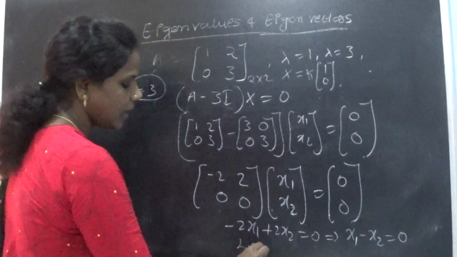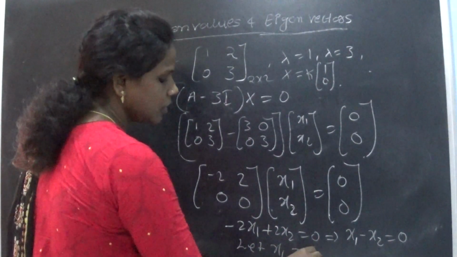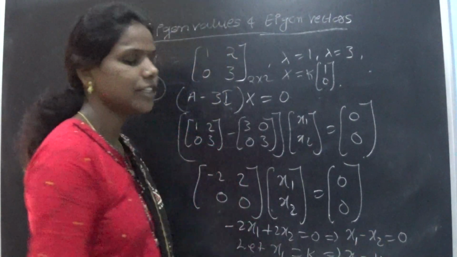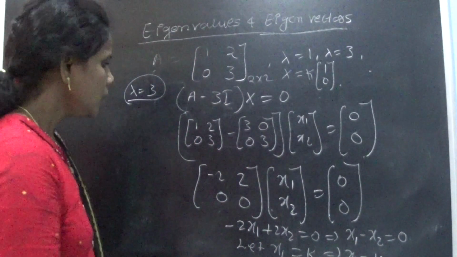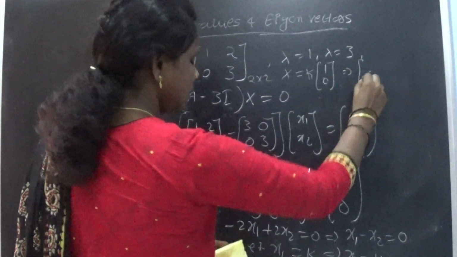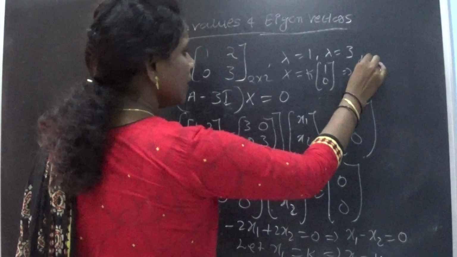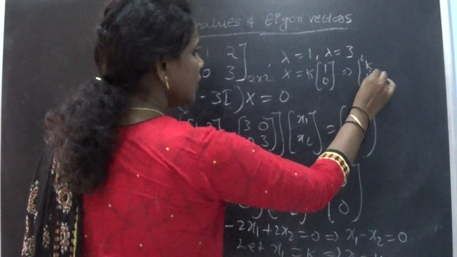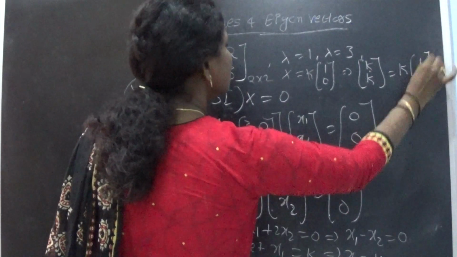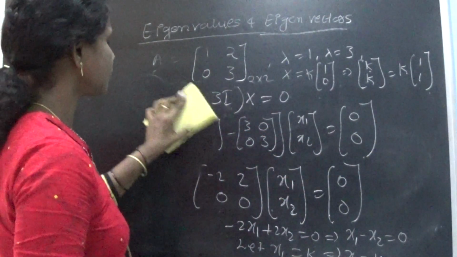Now I will take x1 as k. Then automatically x2 is also k. Why? Because from this equation x2 equals x1. Now what is the eigenvector for lambda equals 3? x1 is k, x2 is k. If you take k common here, it will be 1, 1. Right.